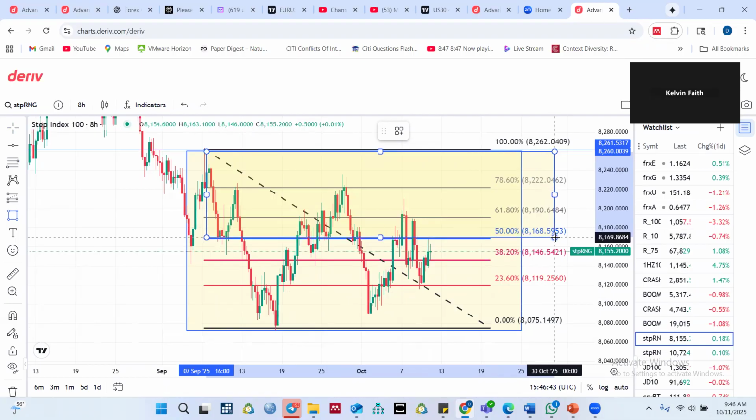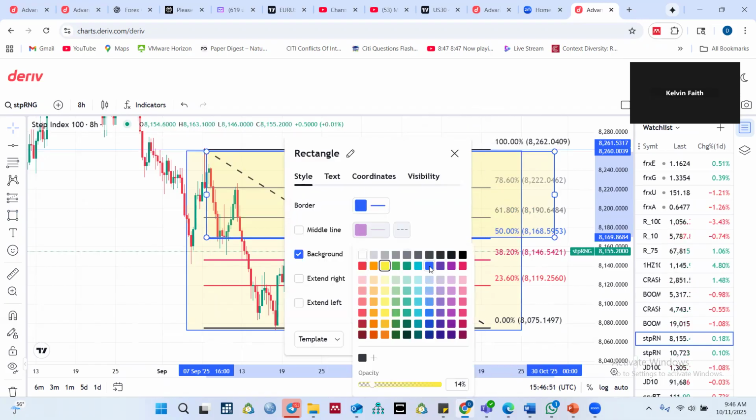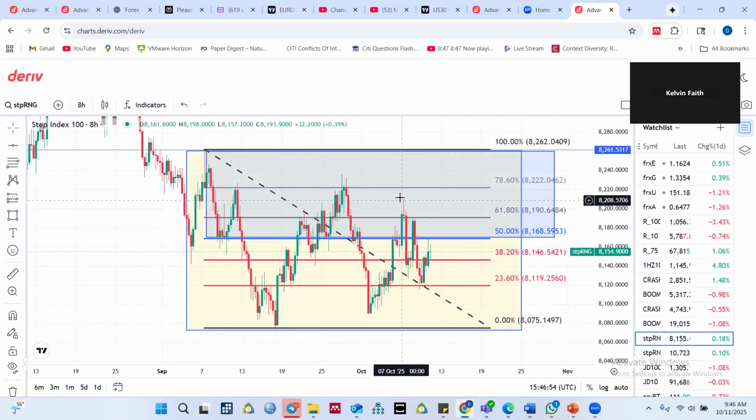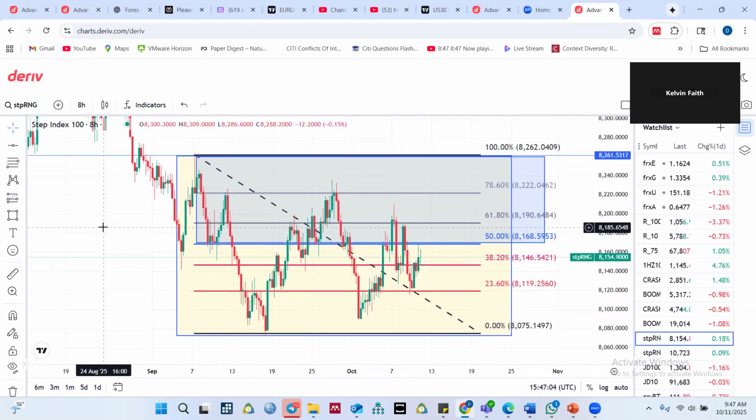So inside the premium, let me change this color to blue. Good. So inside the blue area, which is premium, I like to see what happens normally around 78.6%.